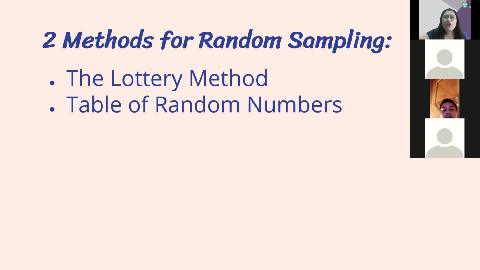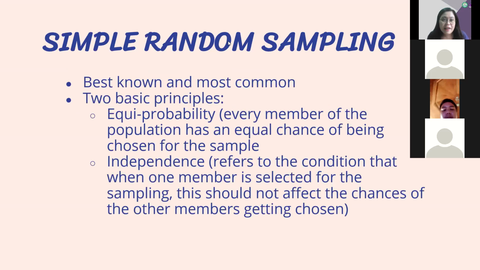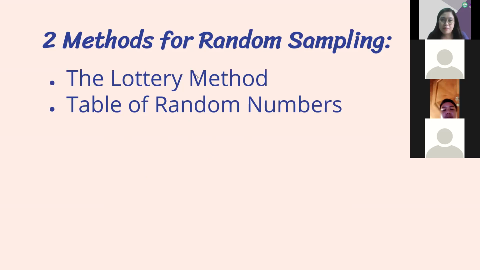For example, na-select mo ang number 2. So kung kanino yung pangalan na nakalagay sa number 2, yun yung magiging unang sample mo, and so on. So that is the simple random sampling. Pwede nyo itong gawin when you want na talagang probability sample yung makuha mo.